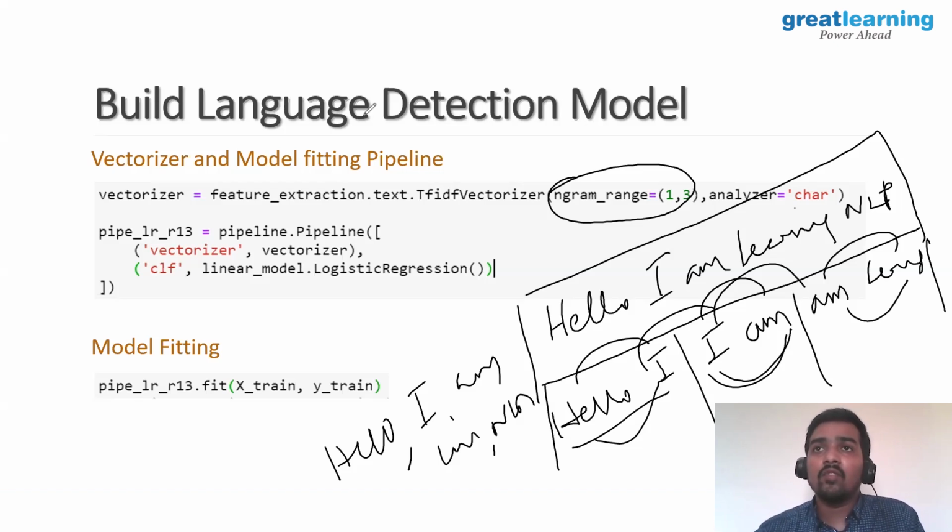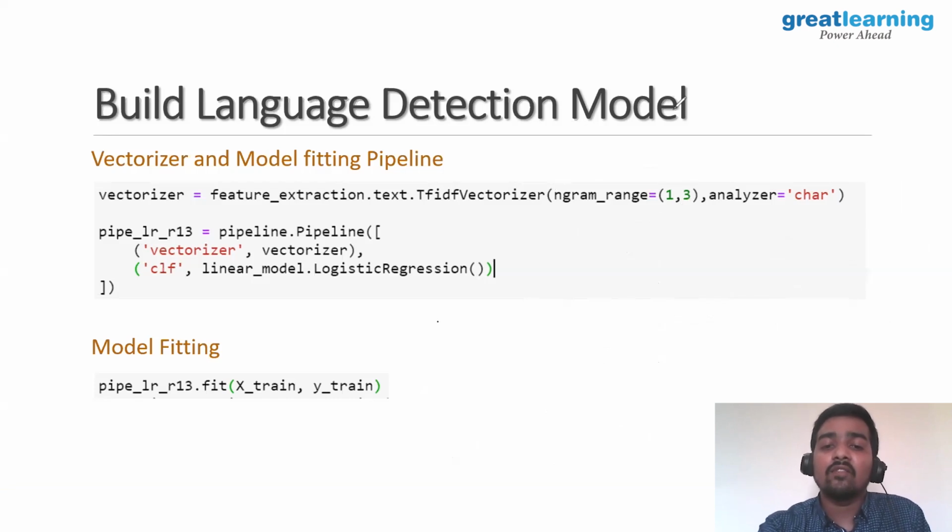So with some testing and some hyperparameter tuning, I found that n-gram range of 1,3 is really working better. Okay, so now how does our data look like? We'll have trigrams, which means that from 1 to 3 we will have unigrams, bigrams, and also trigrams.